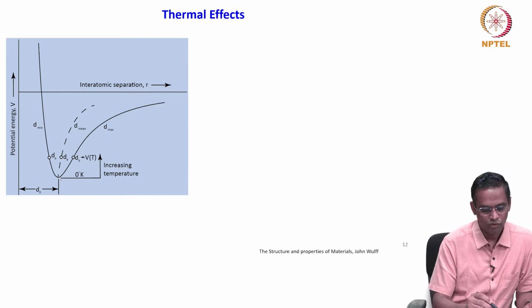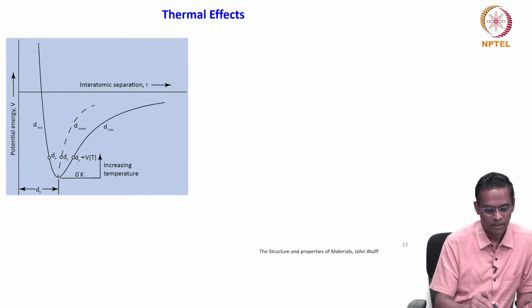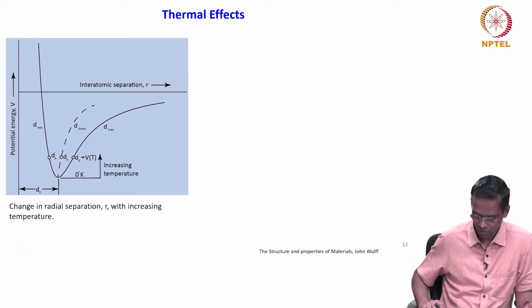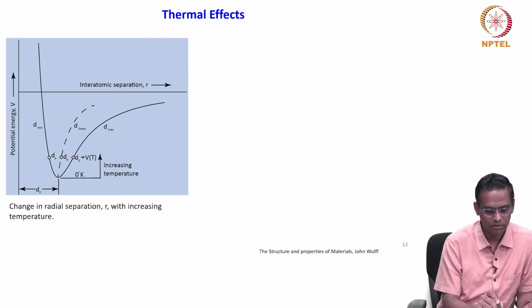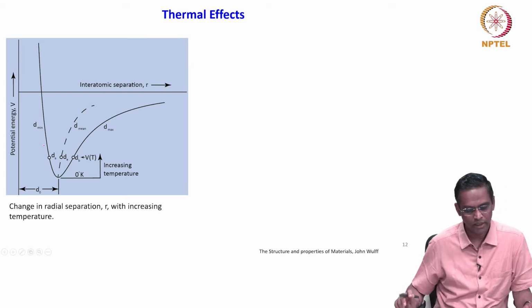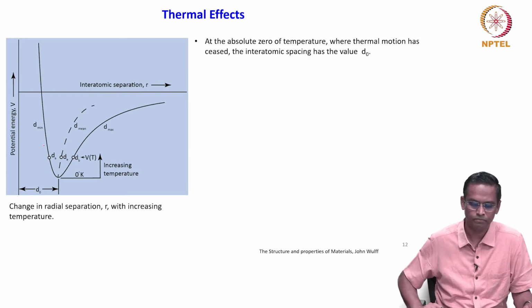As you move from 0 Kelvin to higher temperatures, the material will tend to oscillate between these two positions, A and B. The atoms will try to oscillate, and as the temperature increases, the oscillation distance also increases. This is what we have seen.